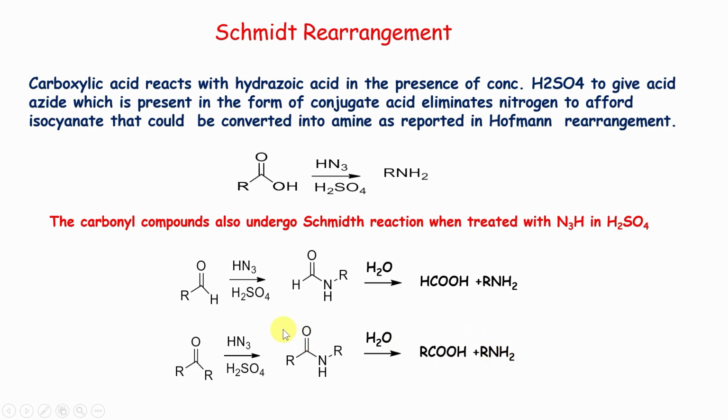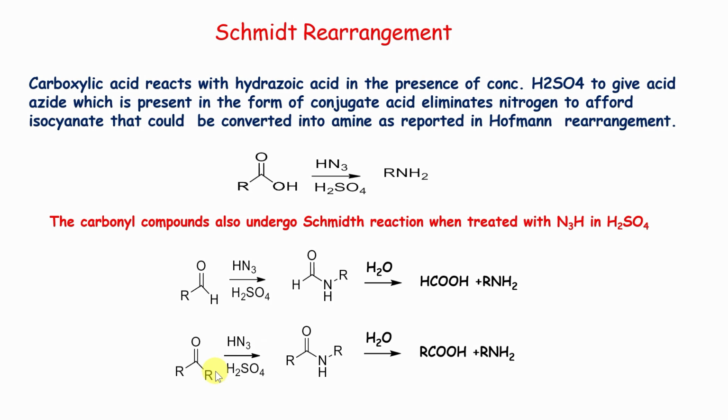See, one of the important differences between the Schmidt rearrangement and Beckmann rearrangement is that Beckmann rearrangement is stereospecific in nature, but Schmidt rearrangement is not. The same product will be obtained if we treat, for example, cyclohexanone with hydrazoic acid in the presence of concentrated sulfuric acid.